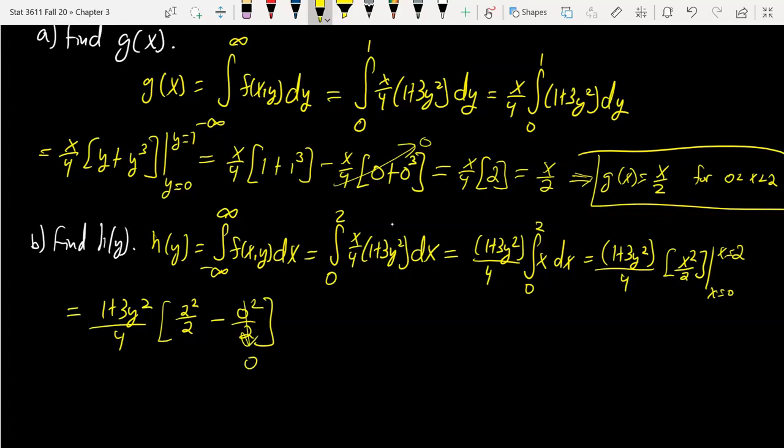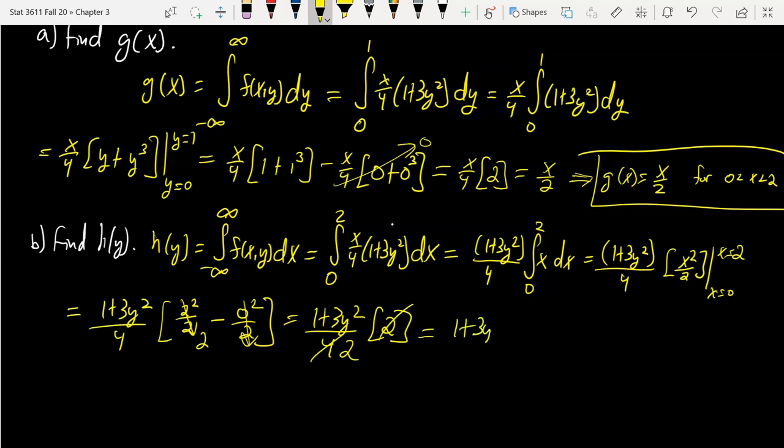2 squared is 4. 4 over 2 is 2. So this is just being times 2 then. So this is 1 plus 3y squared over 4 times 2. Then we can cancel that, and that will be divided by 2.